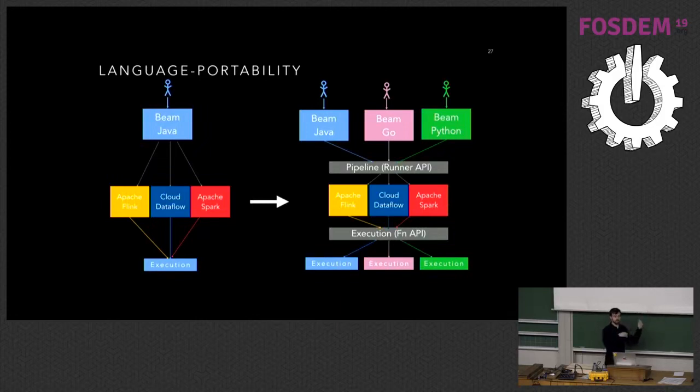The execution engines, actually all of them, are written in Java. So when you have Python, you need to figure out a way to send data to that Python process and access state and all that. And this is called the FN API. That way we pretty much only have these 2 extra layers and just have to make sure the runners are compatible with that, and then we're good to go.